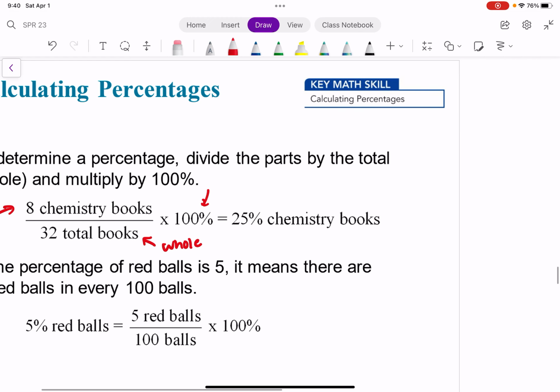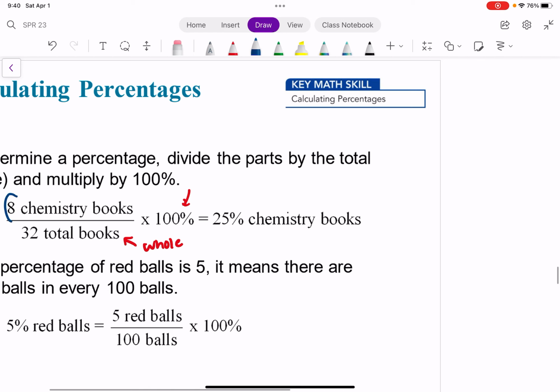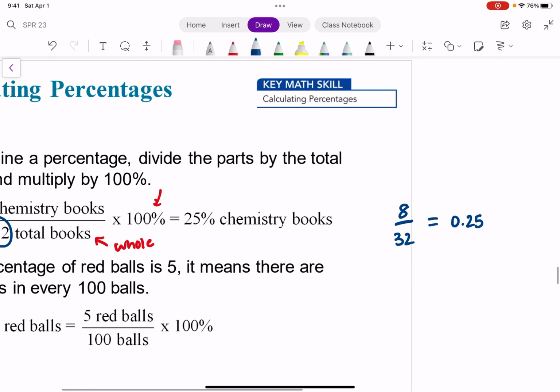Let me show you something. Here I'm looking at just these two numbers. I have a fraction, 8 over 32. When I plug just that part into my calculator, the number I get is 0.25. It's a decimal, right? Because anytime you have a fraction, you can convert it into a decimal and vice versa. I can show you how to do that on your calculator if you need help. When you plug this into a calculator, you're dividing 8 into 32 and getting 0.25.